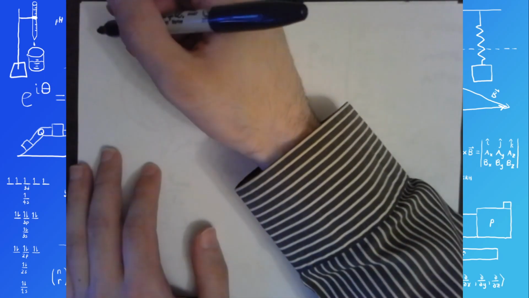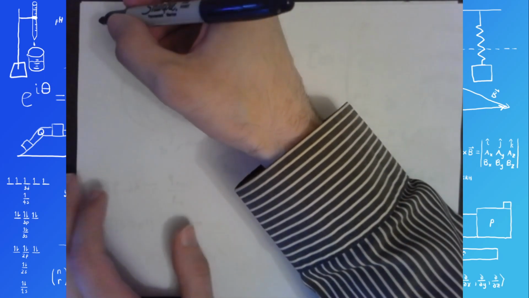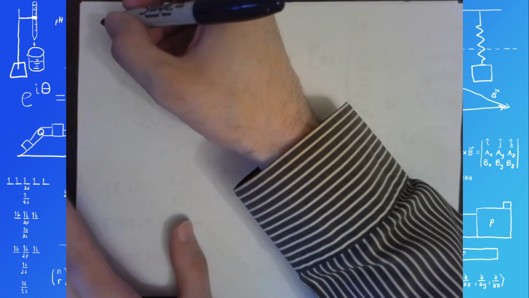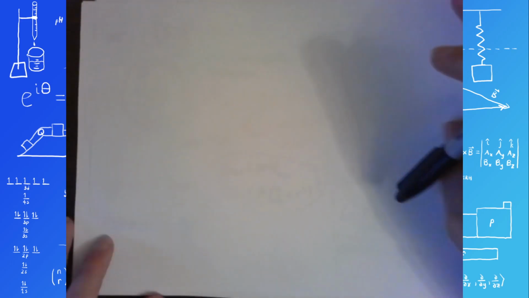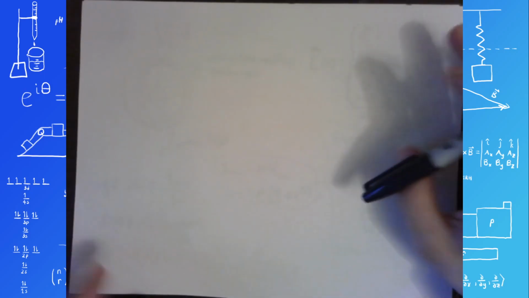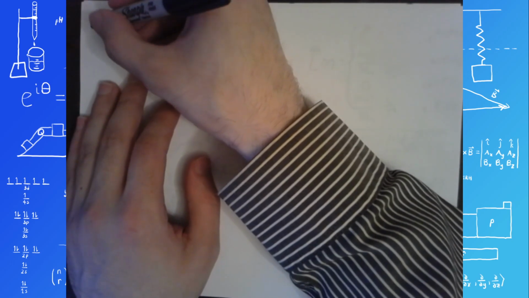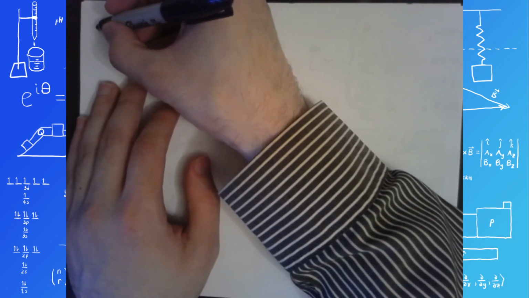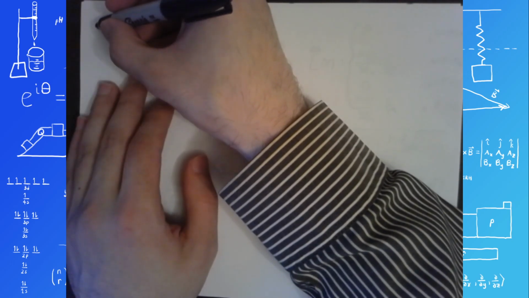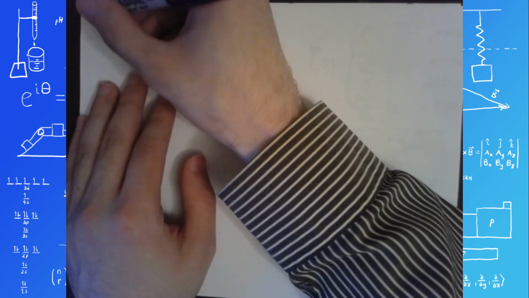So I'm going to copy over what I have here, and then I'm going to go ahead and write down my field function.